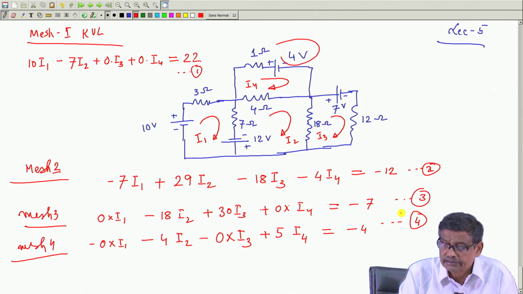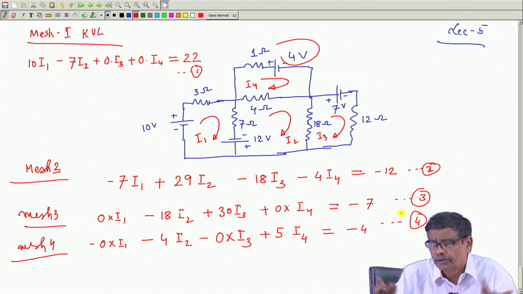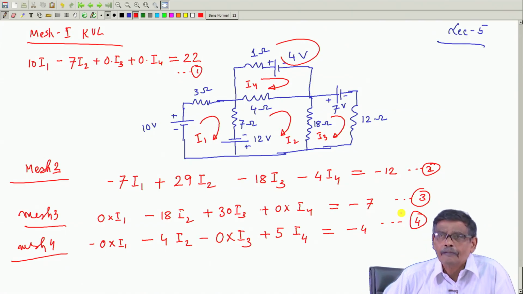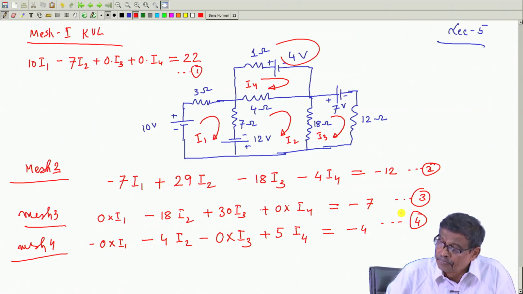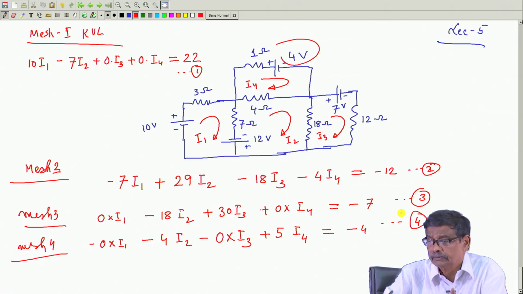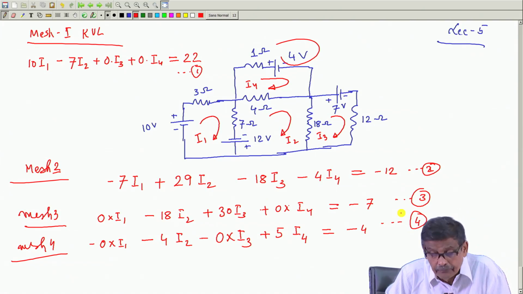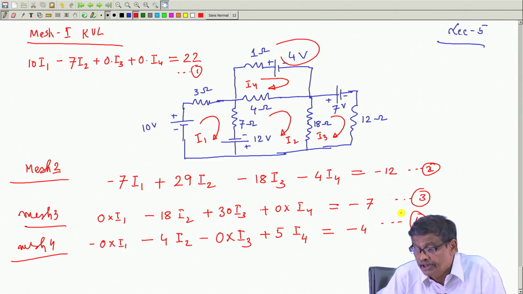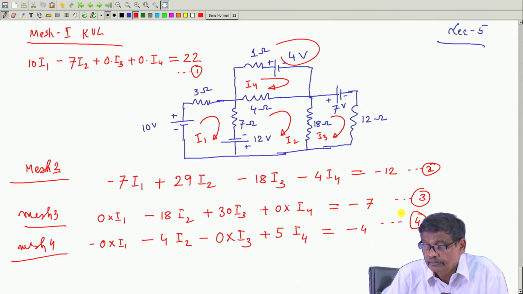In this resistance and 10 volt battery, this will be I 1 only. In this branch, it will be either I 1 minus I 2 if you show it from top to bottom, bottom to top, I 2 minus I 1 and so on. Therefore, you see, however slightly complicated networks you give, at least I am not spending practically any time to write down the KVL equations, because I know this logic, this is what it is going to be.